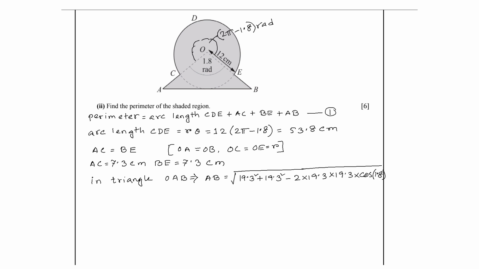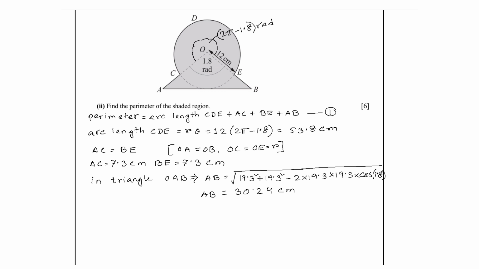So now let's use the calculator again. In radian mode, we can get the value of AB. AB is 30.24 centimeter. Now we have all the lengths.